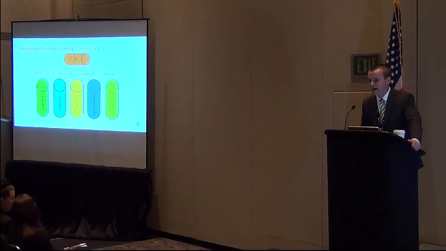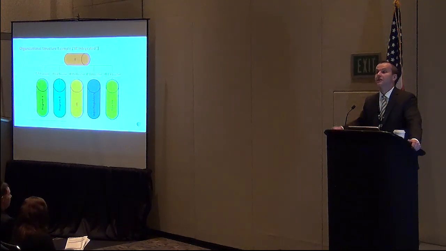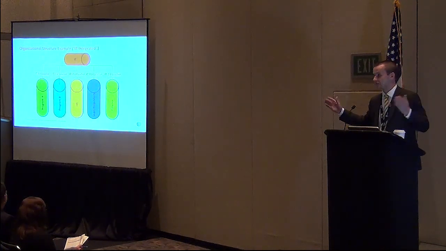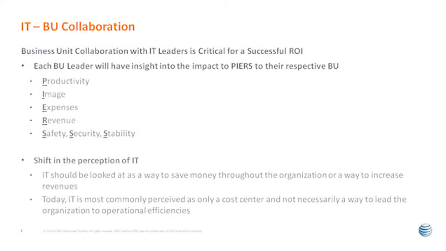When you understand that, and you take all the knowledge you have about the different technologies out there today, you can say, okay, here's a good application, or here's what we can improve, here's how we might be able to use X, whatever X might be. It's really critical for the business units and the IT leaders to collaborate in an organization if you really want to get a successful return on investment.